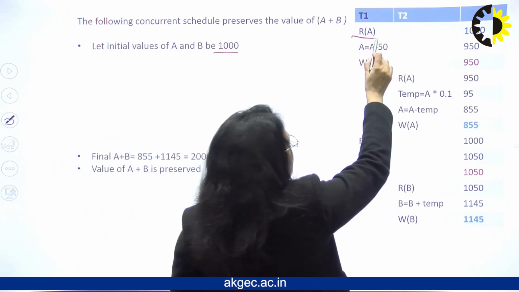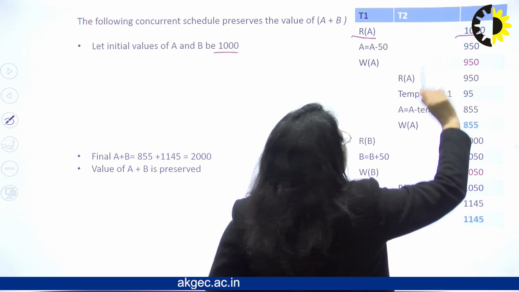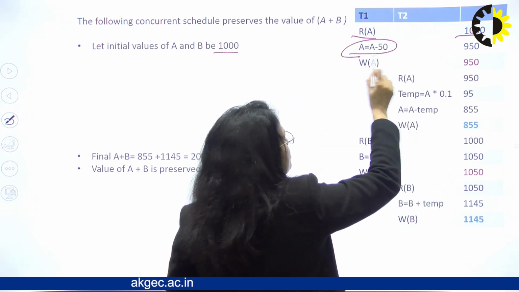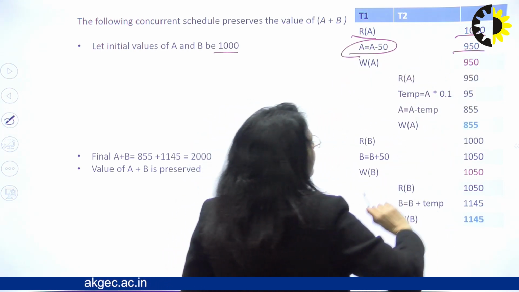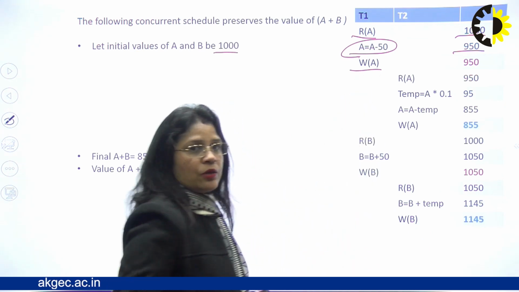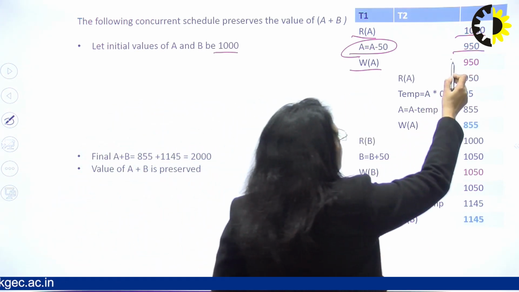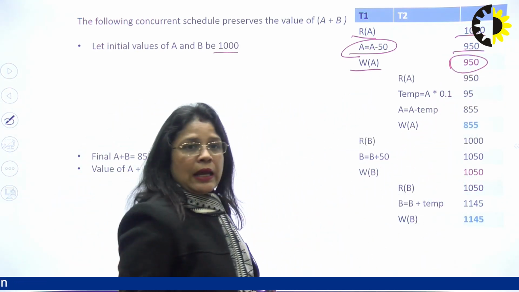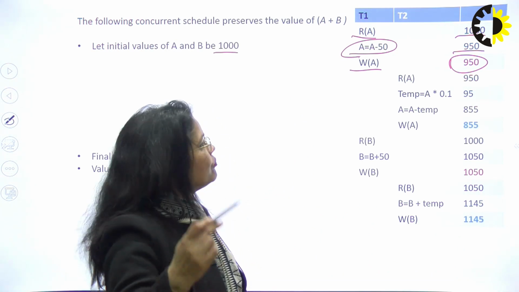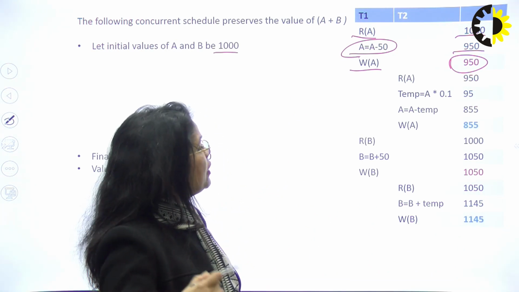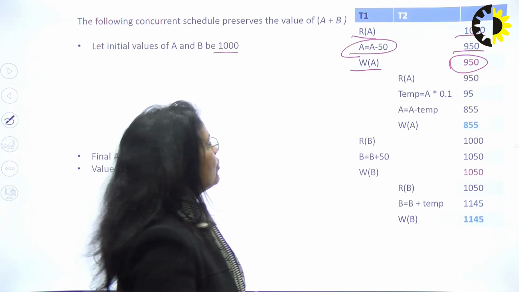Initially, accounts A and B both have an initial value of 1000, so the sum of them is 2000. We can see T1 and T2 here. If we read in T1, the value is $1000, and after a deduction of $50, it will be $950. If we execute the write operation, the account will be updated to $950.